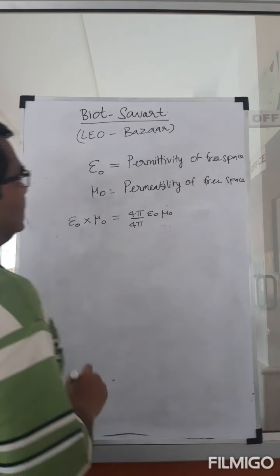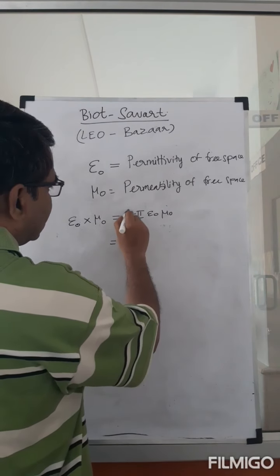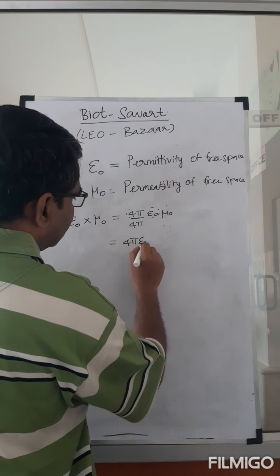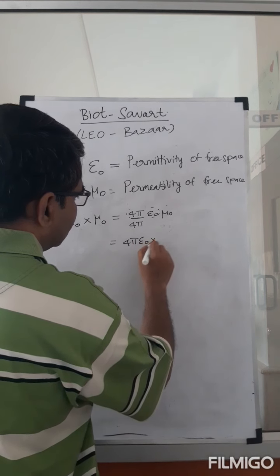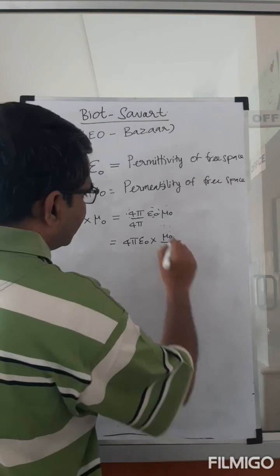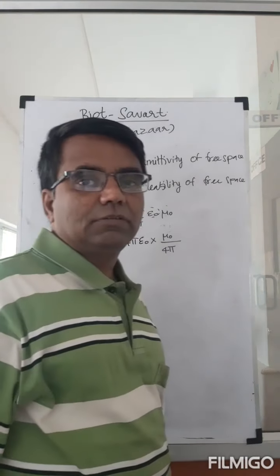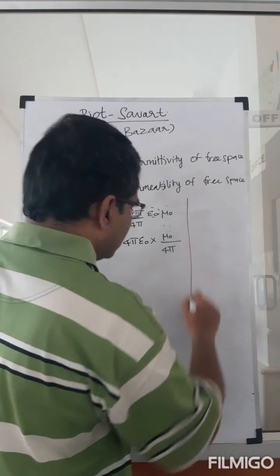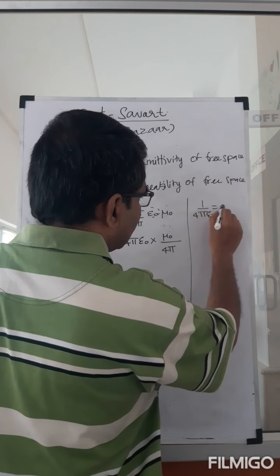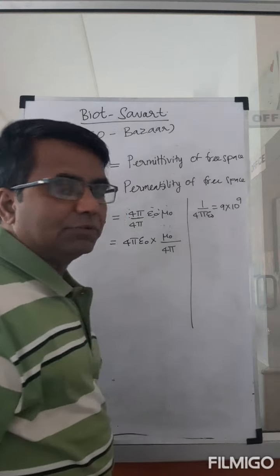Okay. So this will give me, I'm going to rearrange them. I'm going to take this together. Okay. 4 pi epsilon naught into mu naught by 4 pi. But what was this 4 pi epsilon naught? We know this, right? We know that 1 by 4 pi epsilon naught was equal to 9 into 10 to the power 9. That was the value of this.